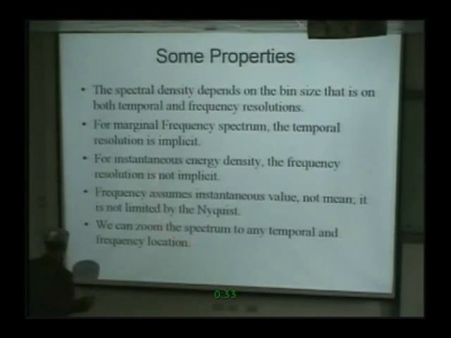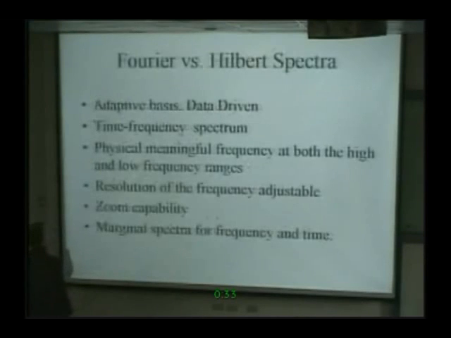So this is the summary of that. Fourier versus Hilbert spectrum: Hilbert is the adaptive basis, and we have time-frequency presentation and physical meaning. We have physical meaning for frequency at both high and low frequency range.